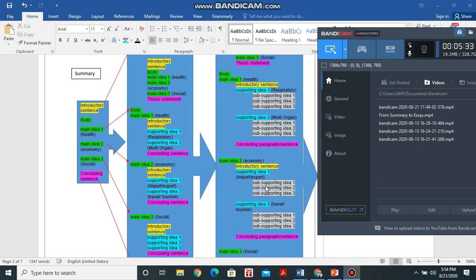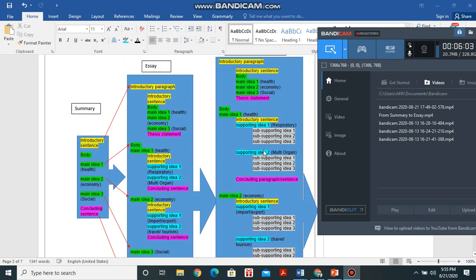But when you write a term paper, you expand this supporting idea, from here to here, and add more and add sub-supporting ideas to explain how this idea on effects on economy, effects on import export, in one paragraph. So here's another paragraph.